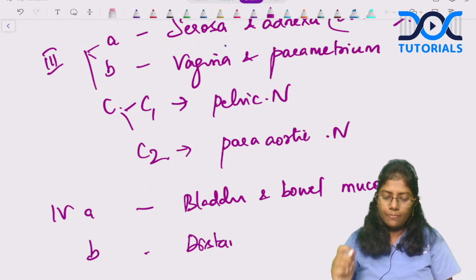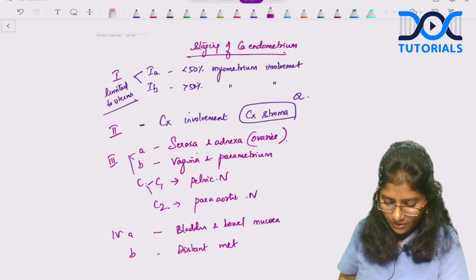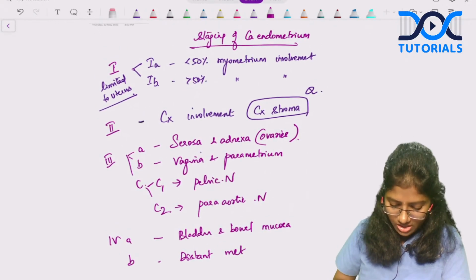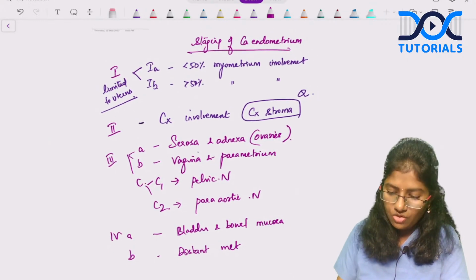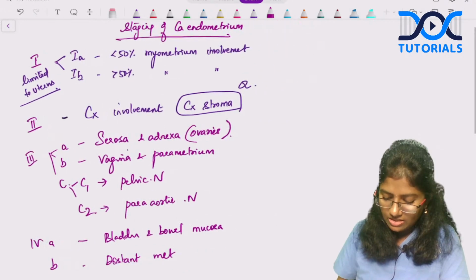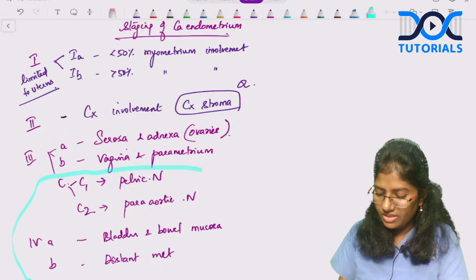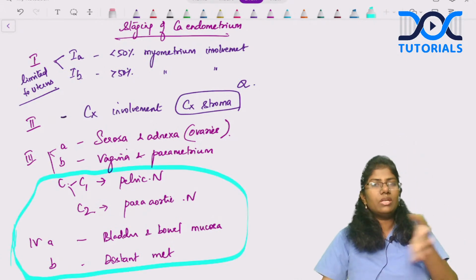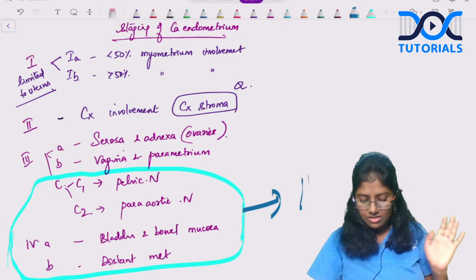Again, I'll tell you the important MCQ points here. Guys, remember this is important, not because we see more patients in this stage, but only because this is similar to the staging of cancer cervix. 3C1 is pelvic, 3C2 is para-aortic, 4A is bladder bowel, and 4B is distant met.